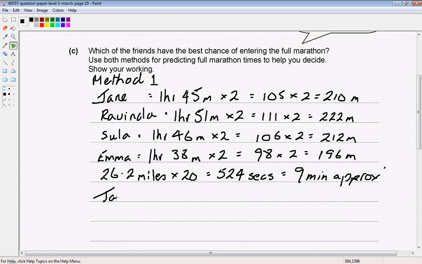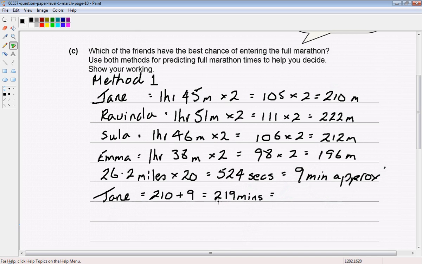Now we need to add this time to each one of these to find out their fastest time. So Jane would be 210 minutes plus 9 minutes, which is 219 minutes. Okay, now we could leave that in minutes and find out which is the fastest. I prefer to work in hours. You don't have to.